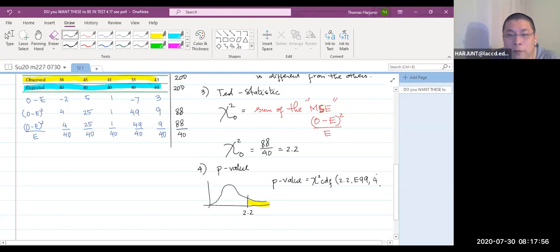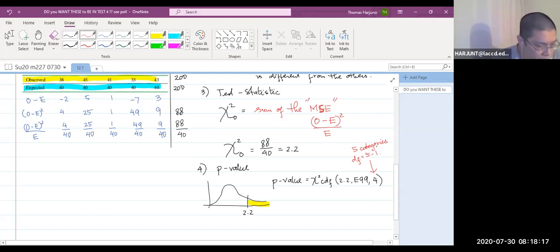There are 5 categories, right? 5 categories. And degree of freedom is 5 minus 1.